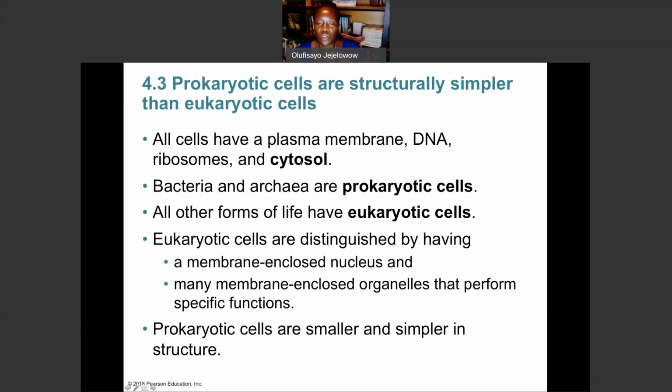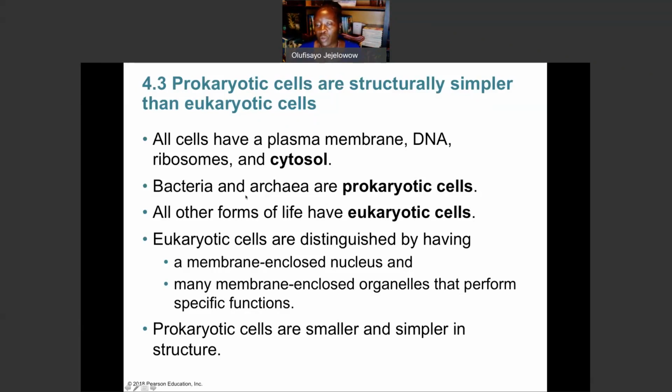But in eukaryotic organisms, the nucleus is separated from the cytoplasm. The nucleus has its own nucleoplasm, and the cytosol, or the cytoplasm, is the region between the cell membrane and the nuclear membrane in eukaryotic cells.